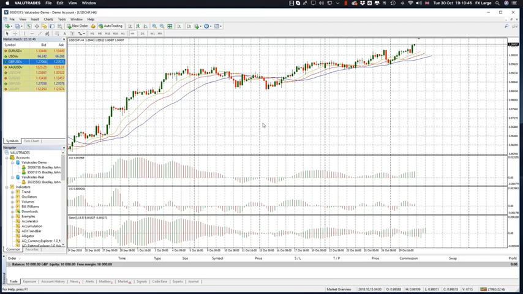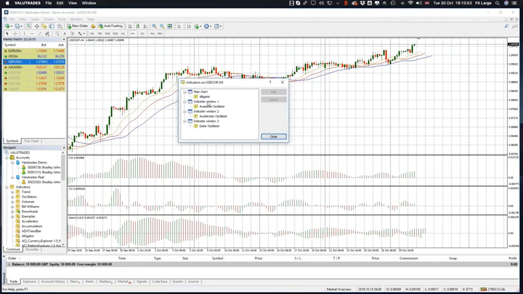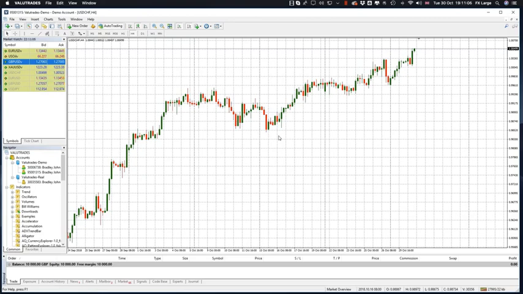It's still quite busy. So I'm going to right-click again, and I'm going to see a thing called Indicator List. And I'm simply going to get rid of everything. Delete everything I see. Okay, now we have what we call a naked chart.